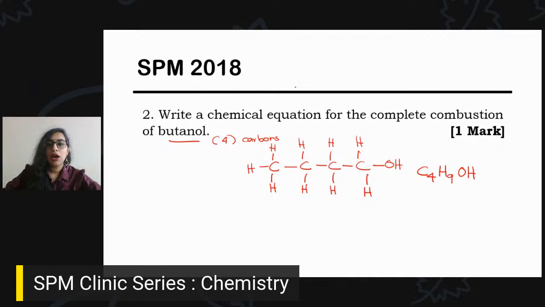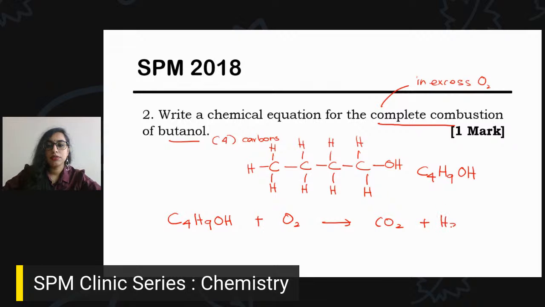Since they want us to write the complete combustion equation, we know complete means in excess oxygen. So we're going to write C4H9OH plus O2, and you will get carbon dioxide and water.